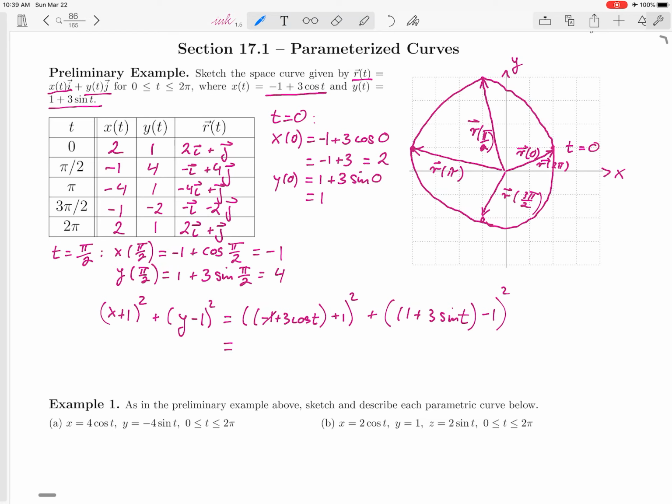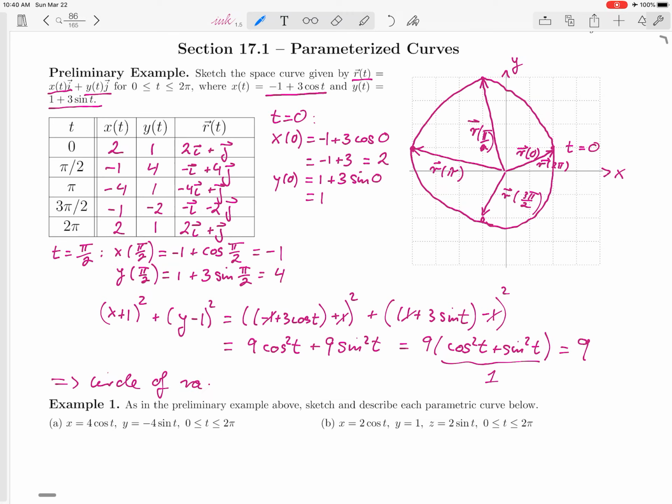When I cancel the minus 1 and the 1 right here, and the 1 and the minus 1, I have 9 cosine squared t plus 9 sine squared t. I can factor out the 9. Then I have cosine squared t plus sine squared t left. But cosine squared t plus sine squared t is equal to 1. And so we have 9 right here. So we really have confirmed that this is a circle of radius 3.